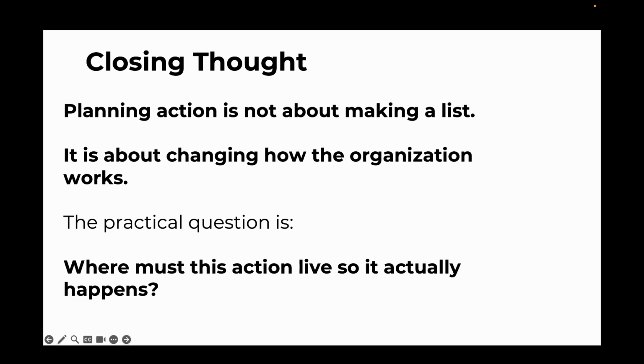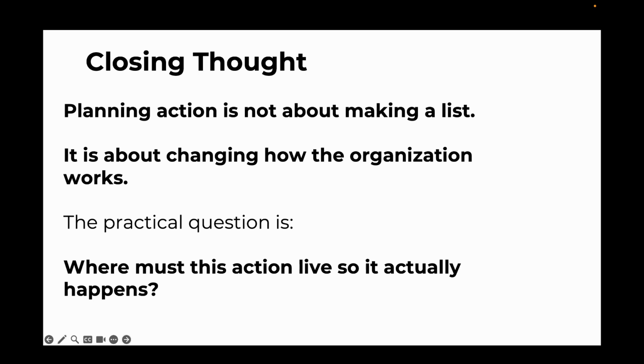So a wastewater limit must influence monitoring and operations. A contractor risk must influence procurement and site supervision. A drought restriction must influence production planning. A supplier water issue must influence purchasing decisions.